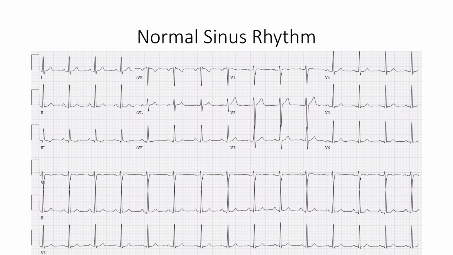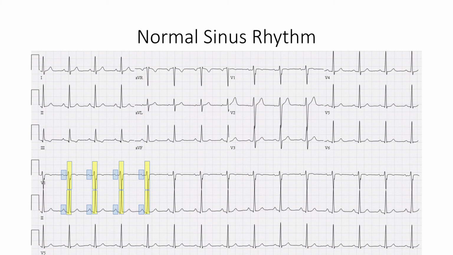So first of all, here is an ECG showing normal sinus rhythm. You can see that there's a P wave preceding every QRS wave. And again, the best place to look for P waves is in leads 2 and V1.